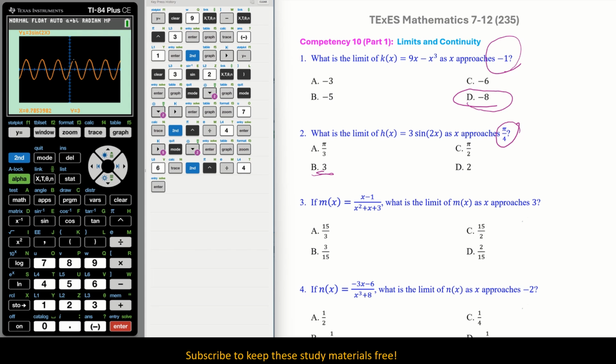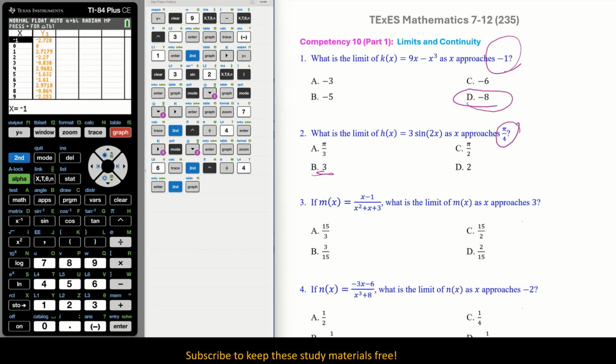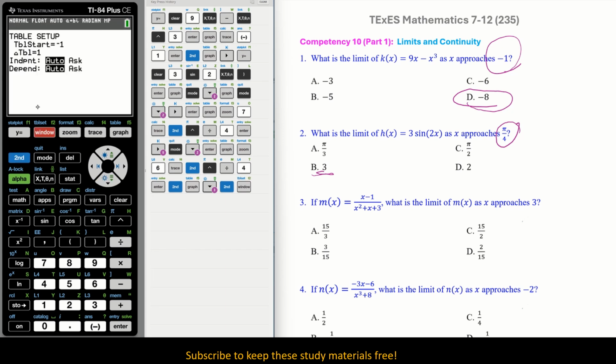The best idea for this would be to go straight to your table. Second graph. See how it's kind of difficult, how it skips our 3. It's going up, it's going down.